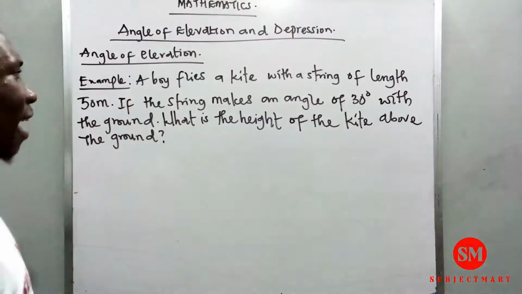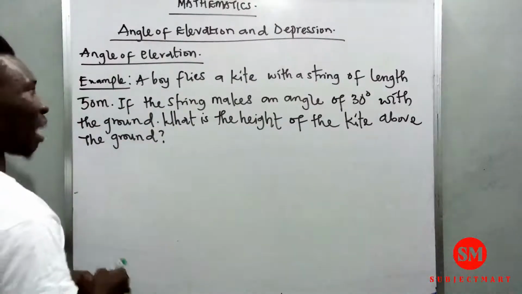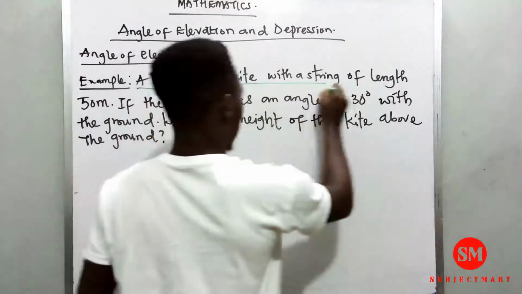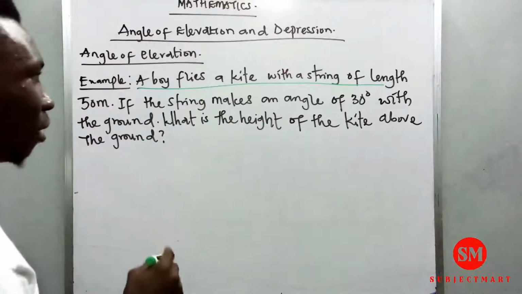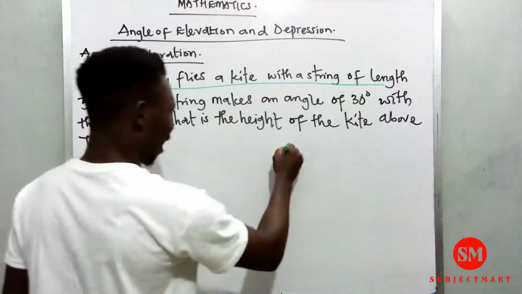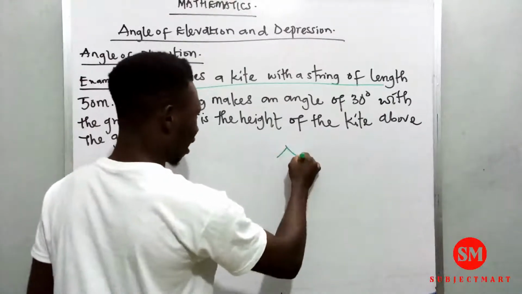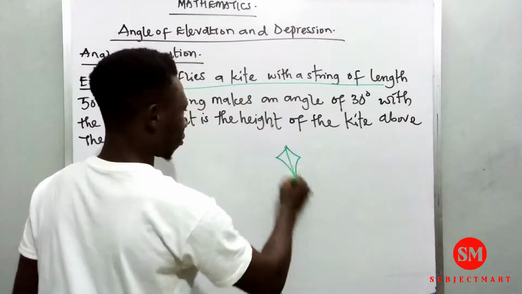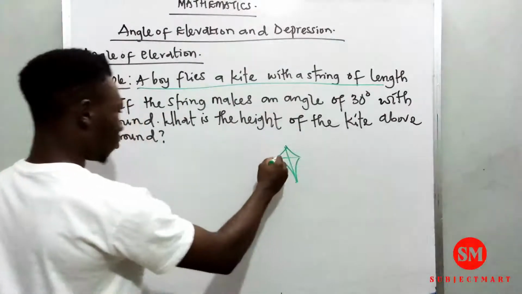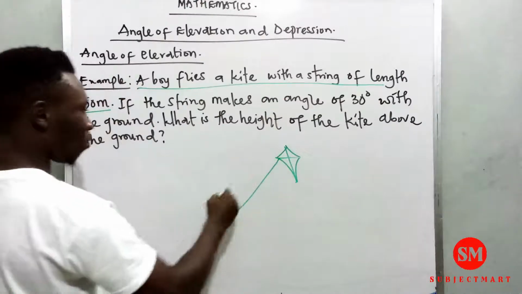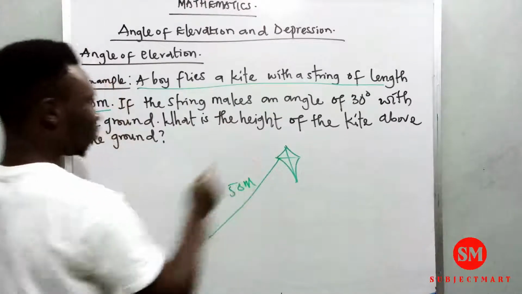Now we have this question, and we are going to be interpreting it. A boy flies a kite with a string of length 50. Now if this is the kite, he flies this kite with a string of 50 meter.